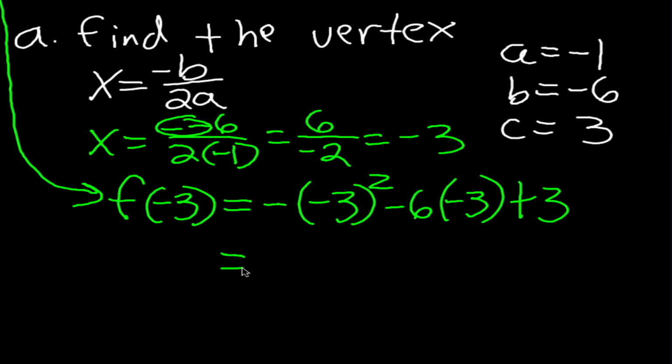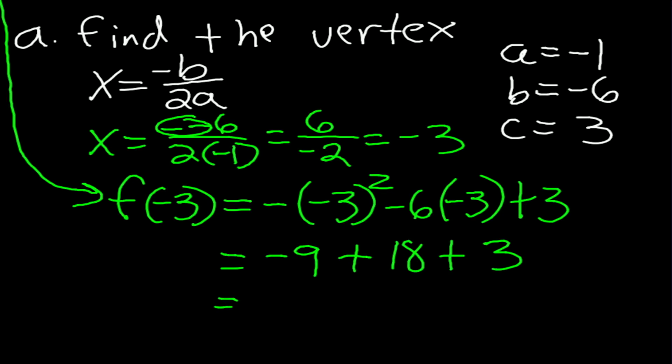So negative 3 squared is going to be a positive 9. But keep in mind I have this negative in front, so it's going to make it a negative 9. And then I have a negative 6 times a negative 3. A negative times a negative is a positive 18 plus 3. All right, so now let's simplify that.